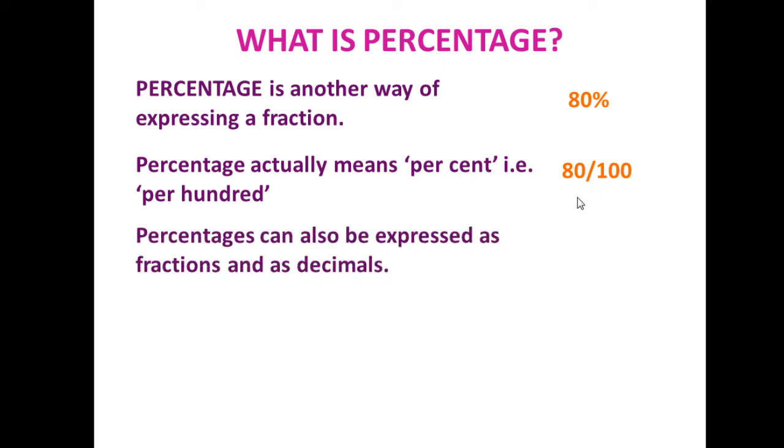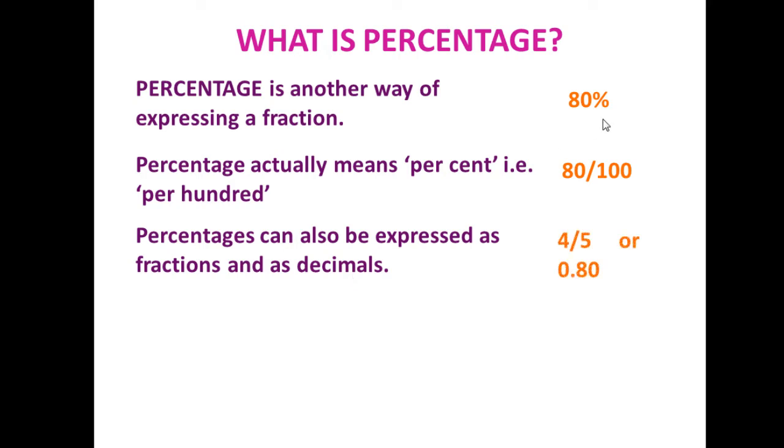Now percentage can also be expressed as fractions as well as decimals. So there are two ways to express any percentage. Number one is writing fractions like 80 over 100, and the other one is by writing in decimals.